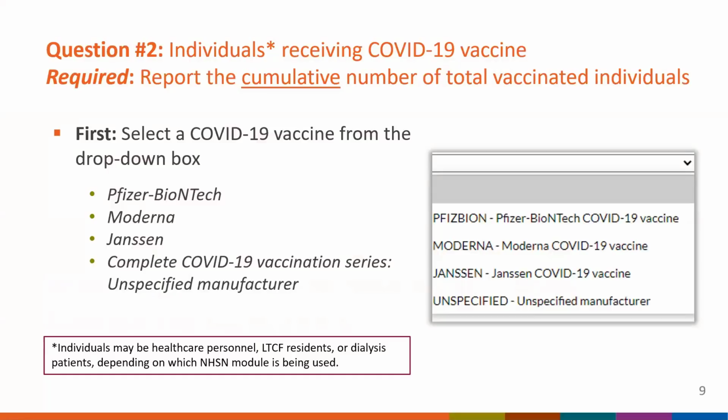Once you're on the data entry screen, you will see a drop-down box of the COVID-19 vaccines. Simply select the vaccine for which you would like to report data. At this time, you will see the Pfizer, Moderna, Janssen, and unspecified manufacturer vaccine options in the drop-down box.